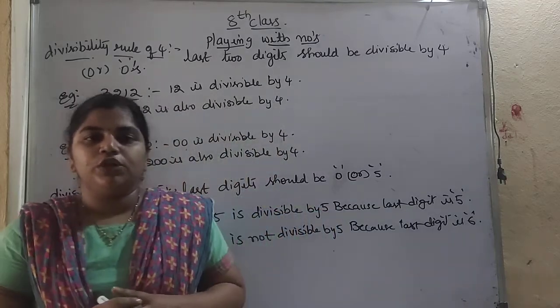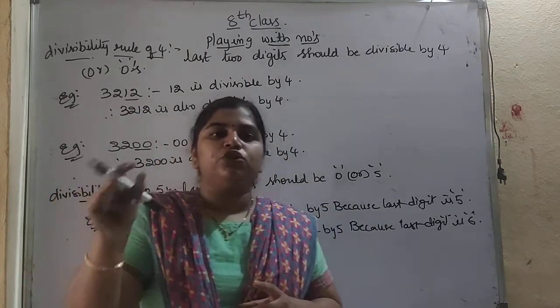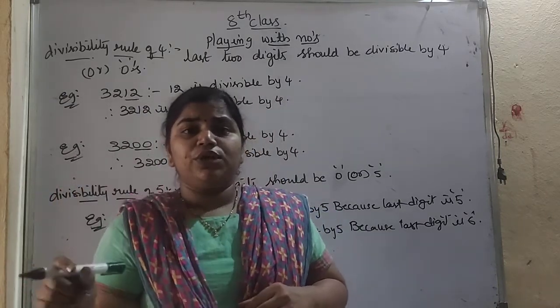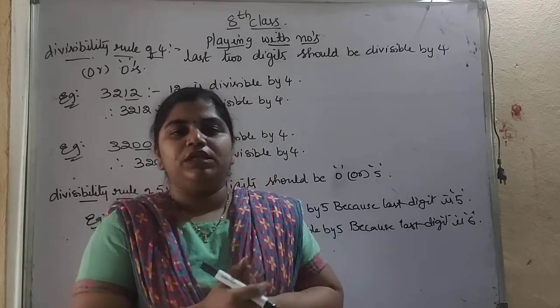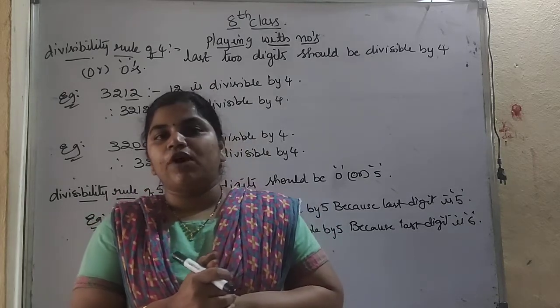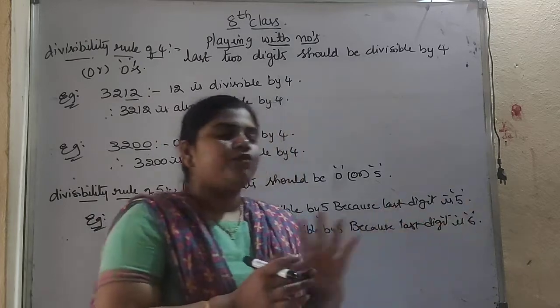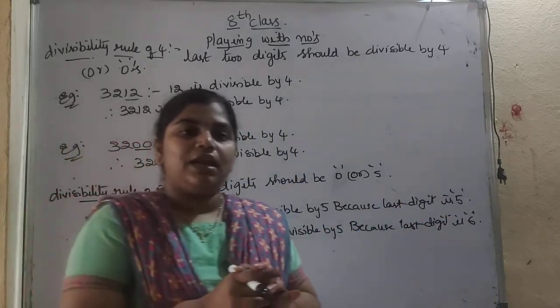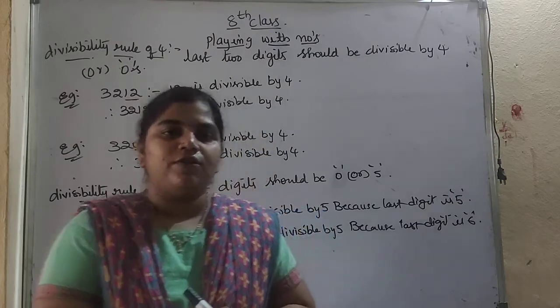The rule of 4: we have to check the last 2 digits. If the last 2 digits are a multiple of 4, then the whole number will be divisible by 4. The rule of 5: the last digit should be 0 or 5 only. If the last digit is 0 or 5, then it will be divisible by 5.